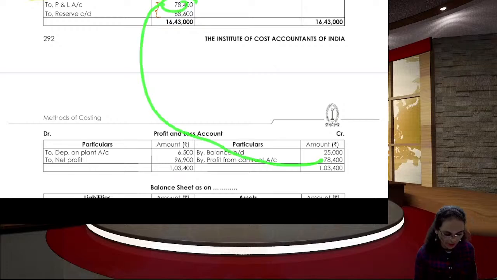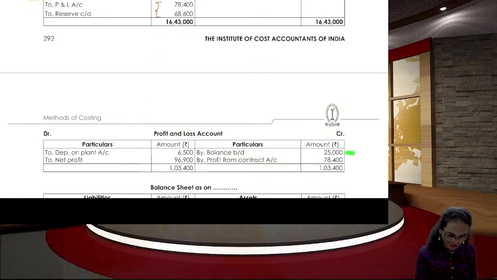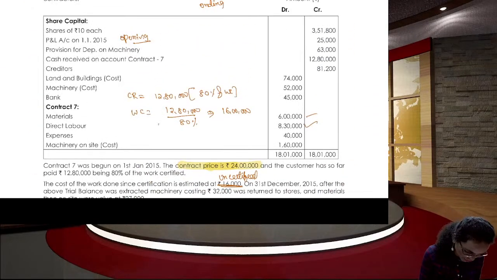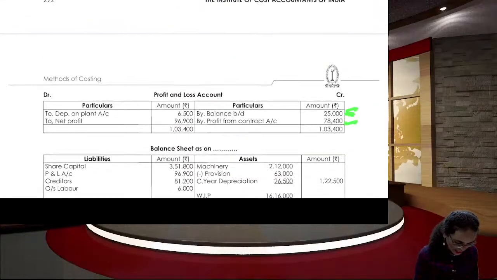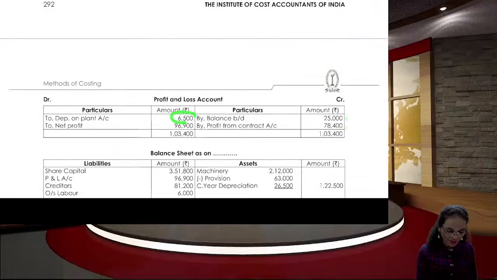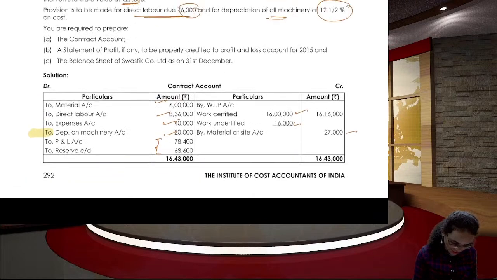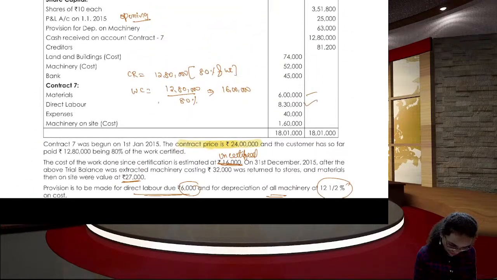This is 78,400. And the opening balance of P&L 25,000, which was given in the question. Opening one, I told you while reading the question only, 25,000. This is the closing one. And next depreciation is 65,000. Sorry, 6,500. Why the depreciation 6,500 here? I'll tell you.